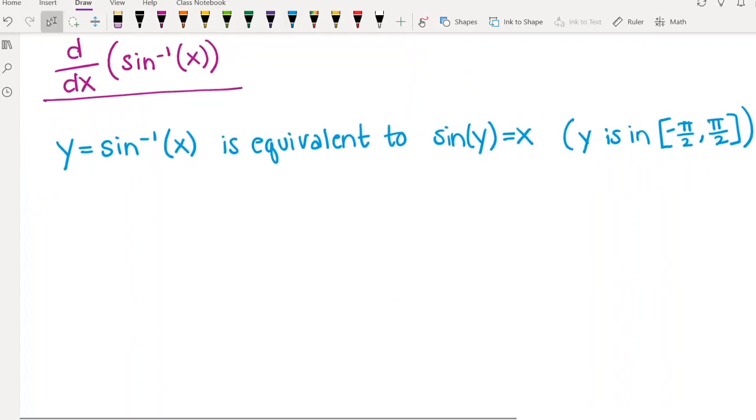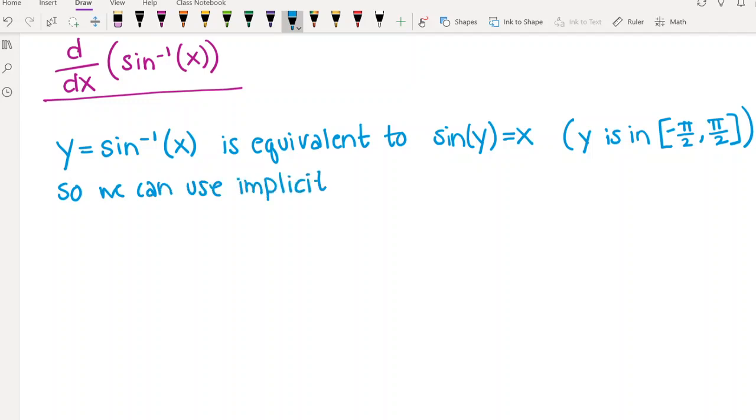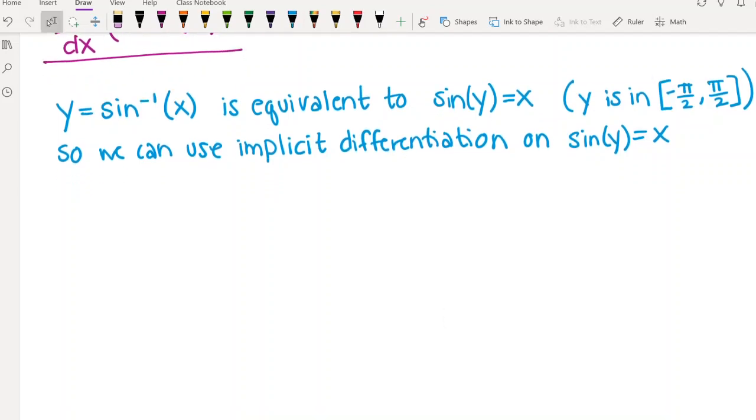Okay, so we're going to use implicit differentiation, and we're going to use it on sine of y is equal to x. So we're going to take the derivative of both sides.